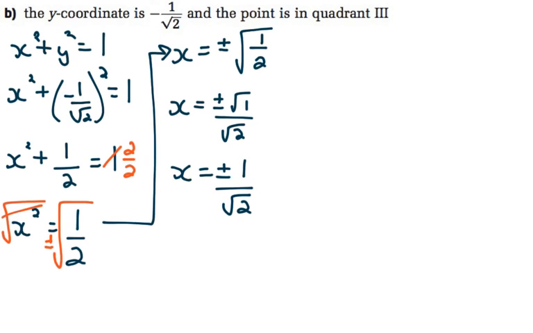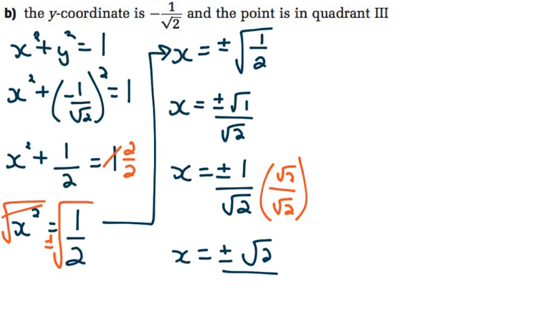Now, even though the question was presented with a root in the bottom, we can't leave it that way. So again, going back to pre-calc 20, to eliminate a root in the bottom, we need to multiply by that root. Multiplying on top, 1 times the square root of 2 is the square root of 2. And on the bottom, √2 times √2 is just 2.